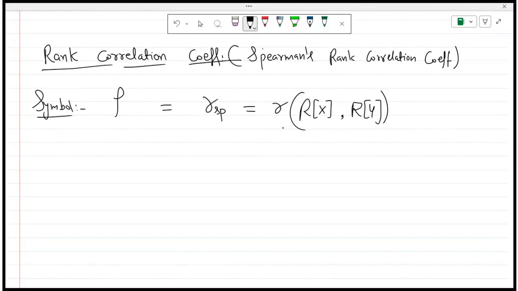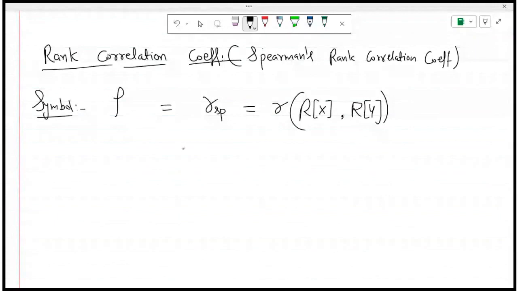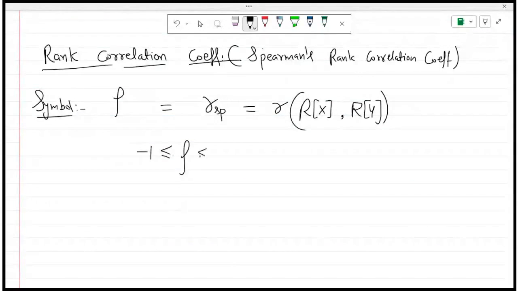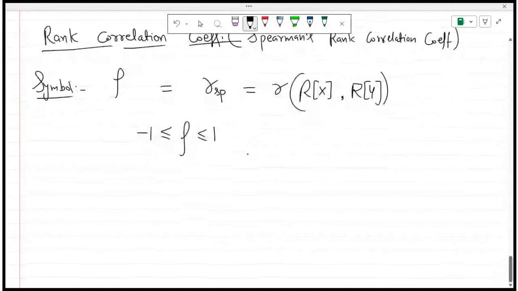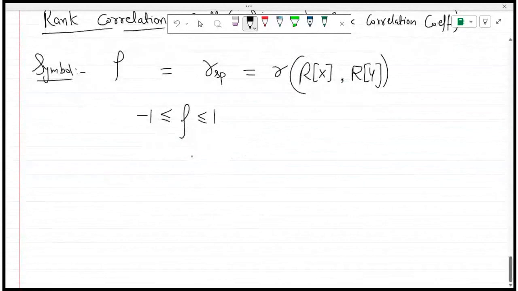Now, because it is same as correlation coefficient, its value is also between -1 and +1. Let us understand this with an example. Okay, now ranks are like this: 1, 2, 3, 4, 5, 6, 7, 8, 9.